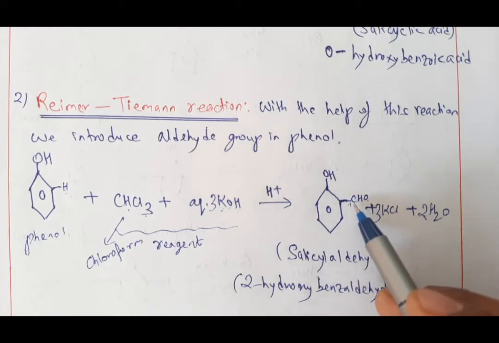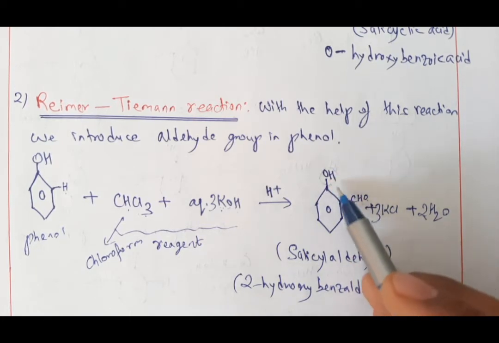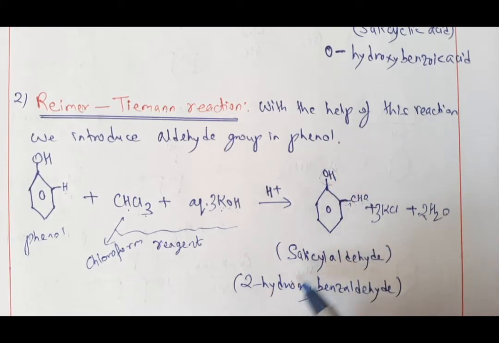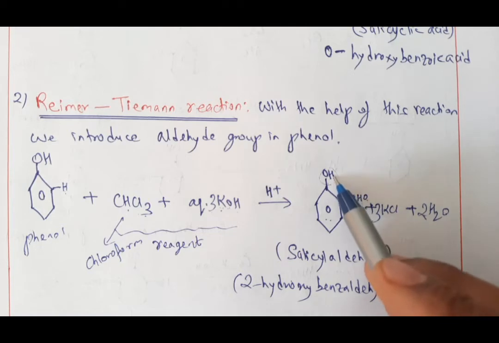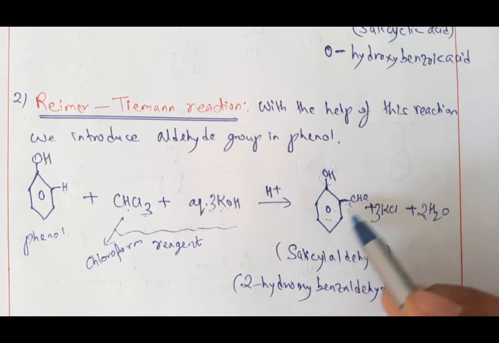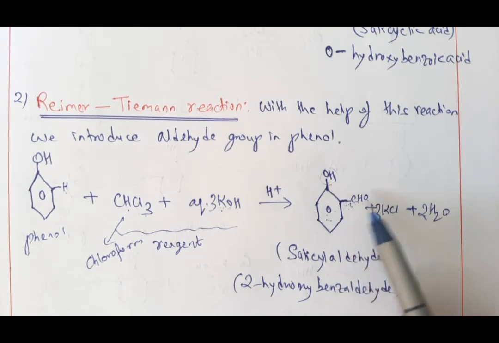So we count from here 1, 2, 2 hydroxy, and this is called benzaldehyde, 2 hydroxy benzaldehyde. A benzene ring with CHO is called benzaldehyde. So salicylaldehyde is also known by the name 2 hydroxy benzaldehyde. So the question from here may come this way, students, in Reimer-Tiemann.